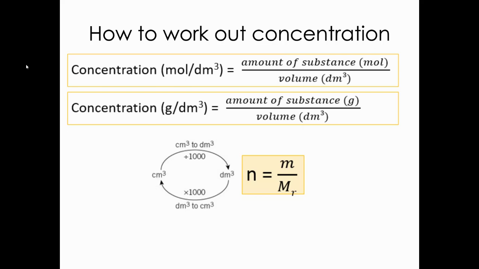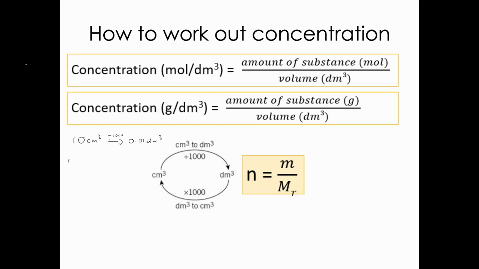The first thing we need to be able to do is convert from centimeters cubed to decimeters cubed and vice versa. So 1 decimeter cubed is 1,000 centimeters cubed. If I've got a volume in centimeters cubed, then I just need to divide by 1,000. So if I had 10 centimeters cubed, I would divide that by 1,000, and that would be 0.01 decimeters cubed.